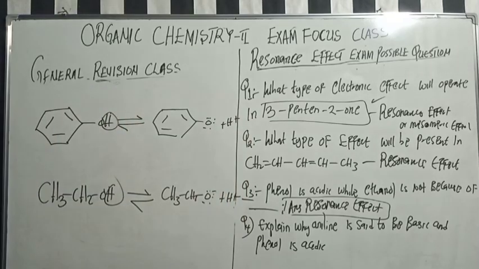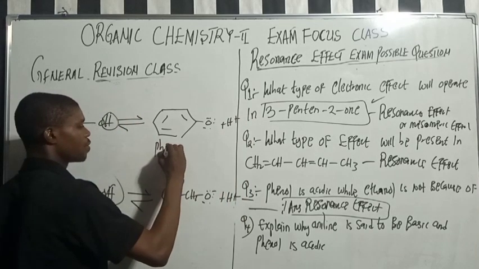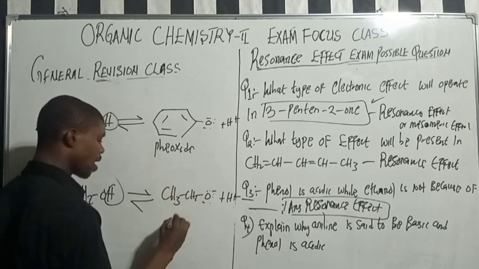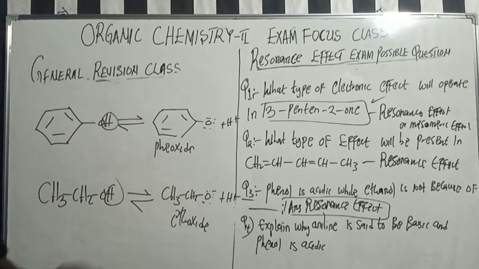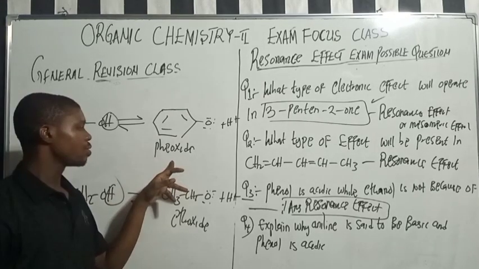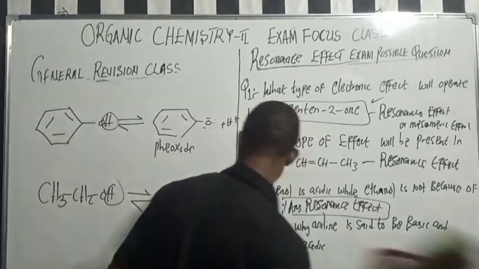You see that? Now here we call phenoxide. Here we have ethoxide. Right there. Now, there's a resonance structure. Okay, phenoxide.